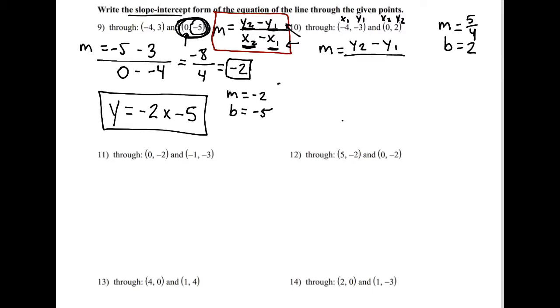I do that because of those minus signs right there; a lot of students, when they just try to write it in, mess that up with the minus sign. So I'm going to erase my y2 and replace it with 2. And then I'm going to erase my y1, and I'm going to replace it with a negative 3.